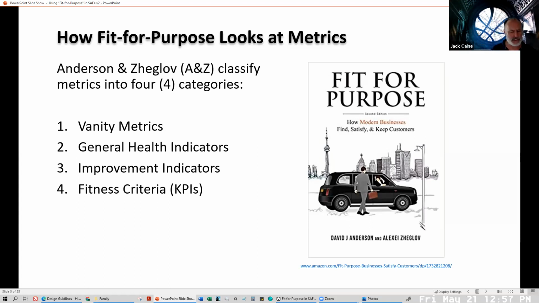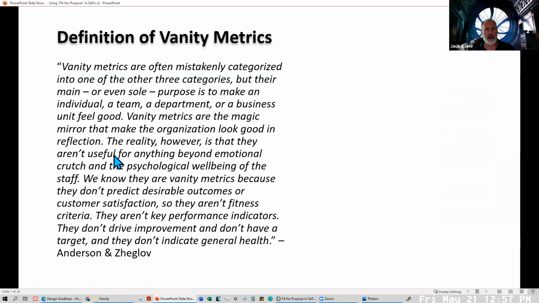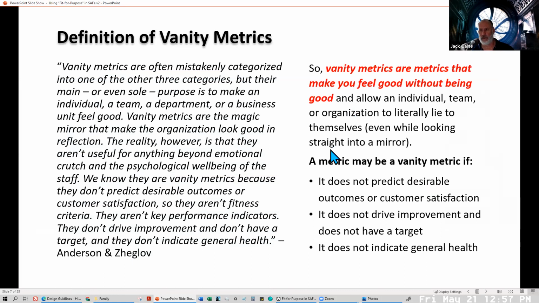But vanity metrics are where we're looking at a metric to pat ourselves on the back, but it's not actually doing anything. We'll go back here to the definition. A metric may be a vanity metric if it does not predict desirable outcomes or customer satisfaction, does not drive improvement, does not have a target, and does not indicate general health.